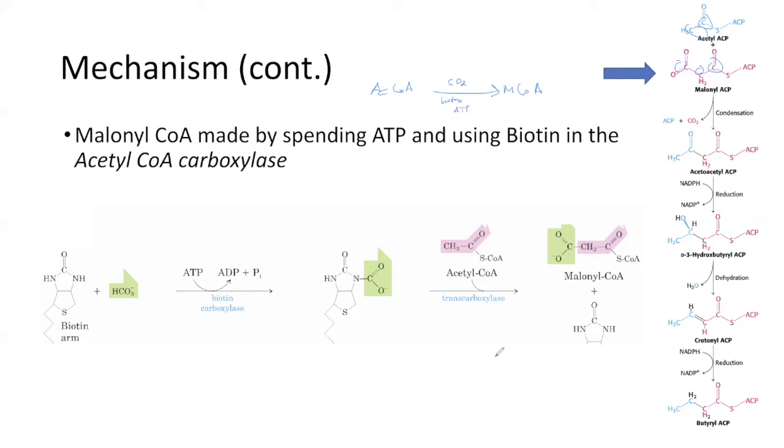That is shown here, where you have a bicarbonate, and with the power of ATP, you form carboxyphosphate, you have it attached to the biotin, and then the biotin will attach it to the destination, which in this case is acetyl-CoA. If you want to see the electron pushing of this, it is located in the recitation that covers gluconeogenesis, because this was a mechanism relevant to that. Feel free to check that section.